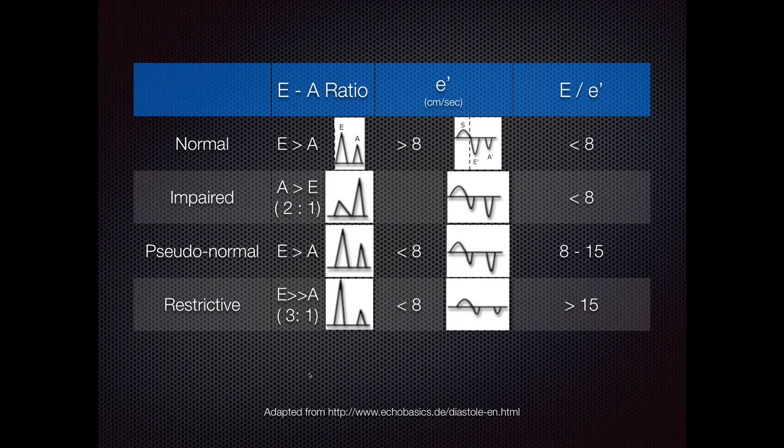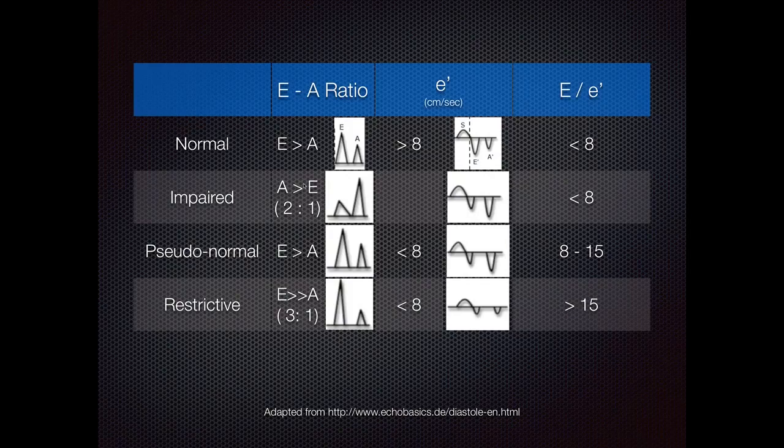This table summarizes the patterns for you for the different stages of diastolic dysfunction. For mitral inflow velocities, E to A ratio, that's where you put the calipers right between the mitral valve leaflets. Big E is generally greater than A except for impaired relaxation where you're relying on the atrial kick.